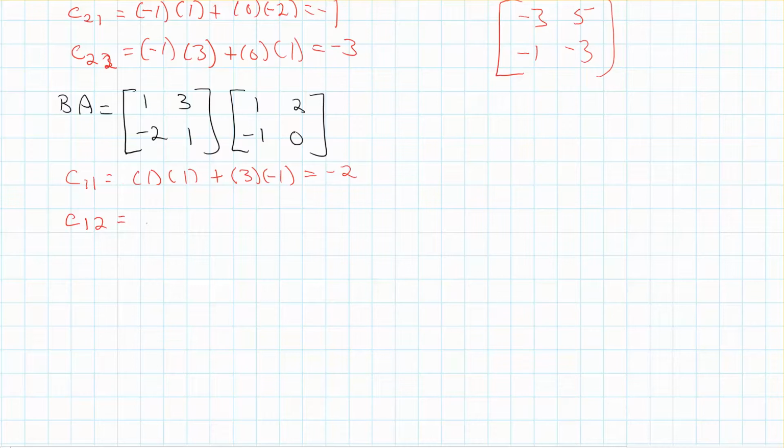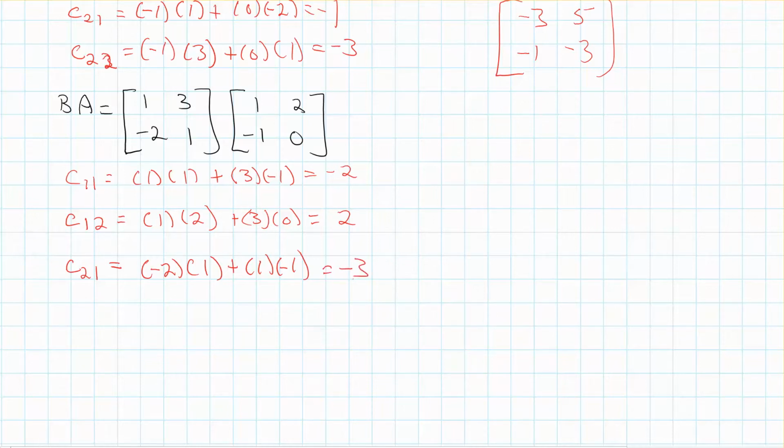Well, this would be 1 times 2 plus 3 times 0, which is 2. C21. Well, that's row 2, column 1. So that would be negative 2 times 1 plus 1 times negative 1. And so, doing that, this would be negative 3.